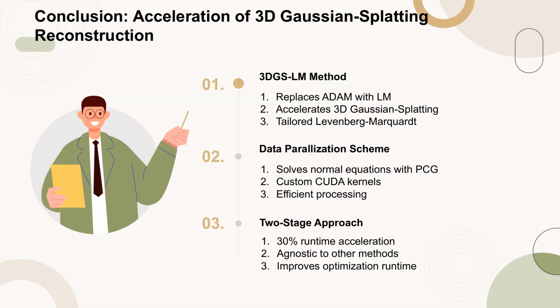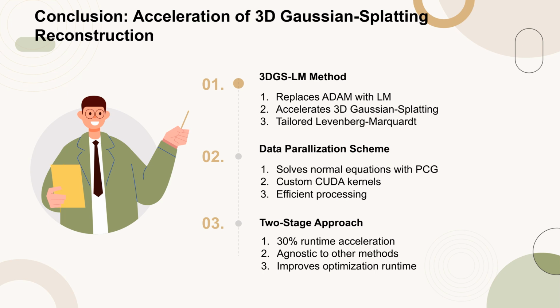The 3DGS-LM method presented in this paper accelerates the reconstruction of 3D Gaussian splatting by replacing the Adam optimizer with a tailored Levenberg-Marquardt algorithm. This method, combined with a data parallelization scheme, allows for the efficient solution of normal equations using preconditioned conjugate gradient (PCG) in custom CUDA kernels.